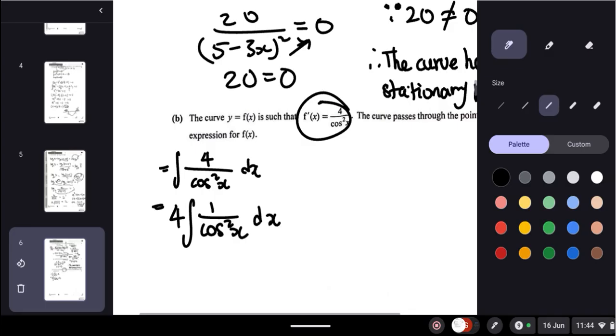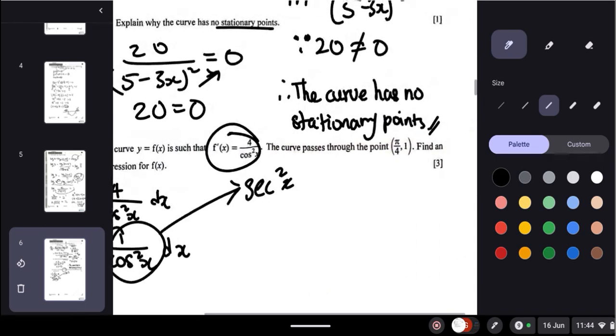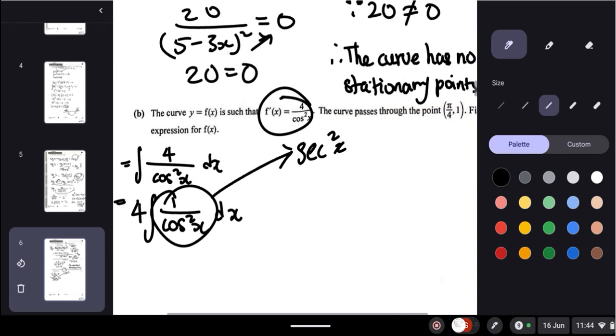Simple now, sure. But a lot of students didn't know that they can change this into secant squared x. A lot of people were stuck here and didn't know how to do it. They started subbing this equation into this, and they all went wrong.